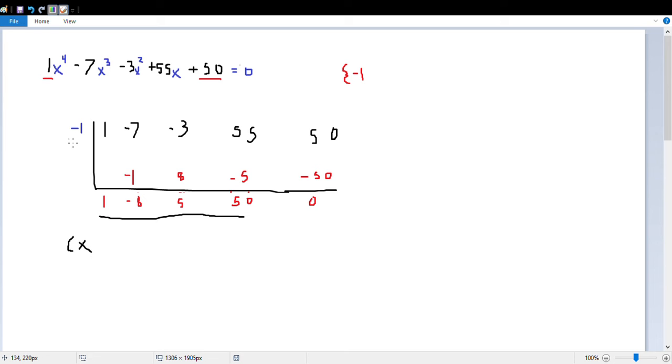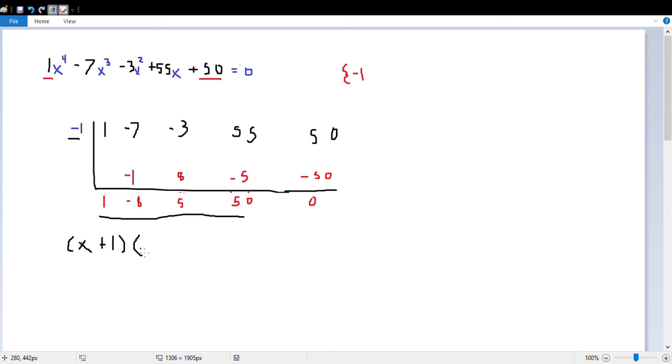Notice the opposite of that, right? Because it has to be what makes it equal to 0 when you solve it. What gets you -1? Well, that would be x plus 1, right? If I put in a -1 for x in this factor, I get -1 plus 1. Well, that's 0. So that times anything would equal 0.